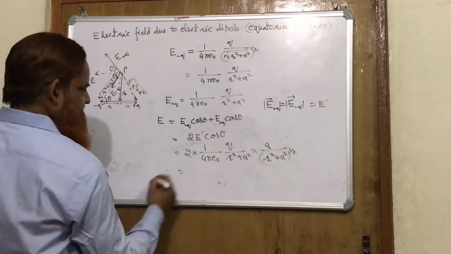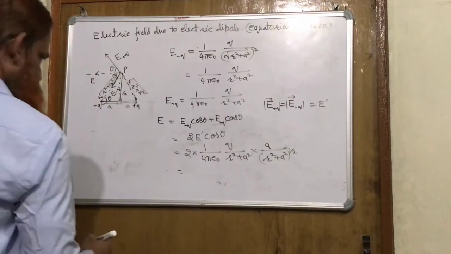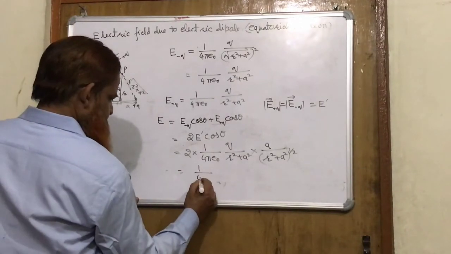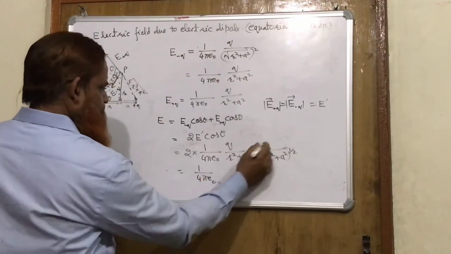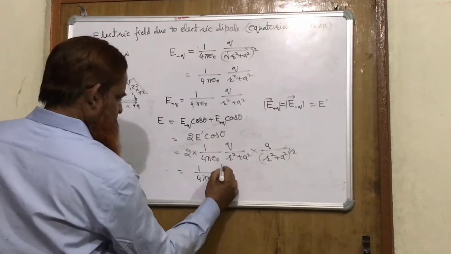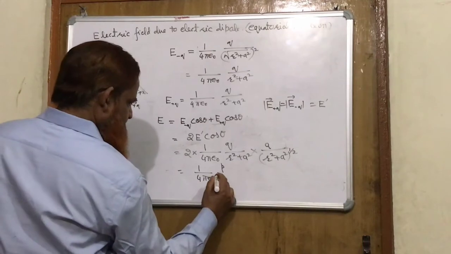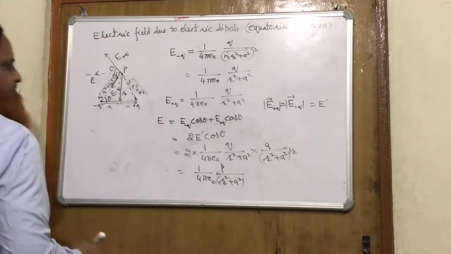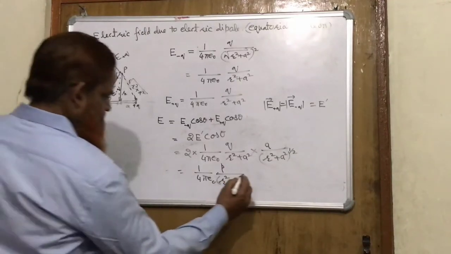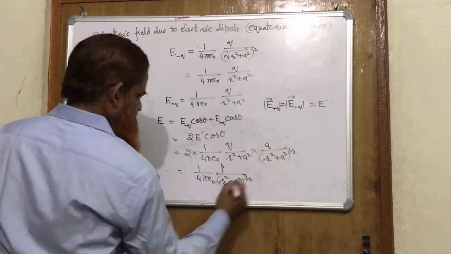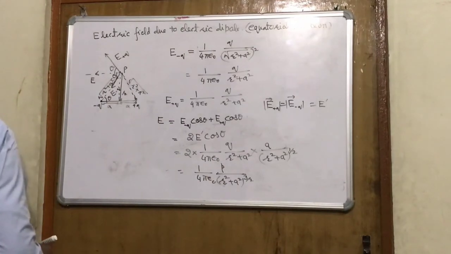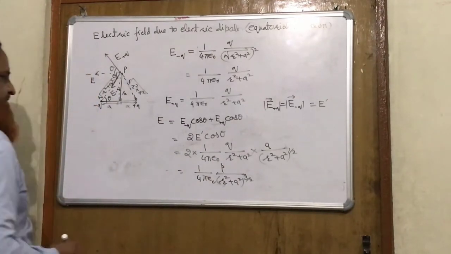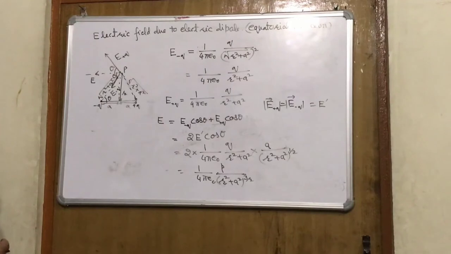So you will get 1 upon 4 pi epsilon naught, Q 2A, so the dipole moment P, upon (R square plus A square) power 3 by 2. And the direction is as indicated in the diagram; it is anti-parallel to the dipole moment.